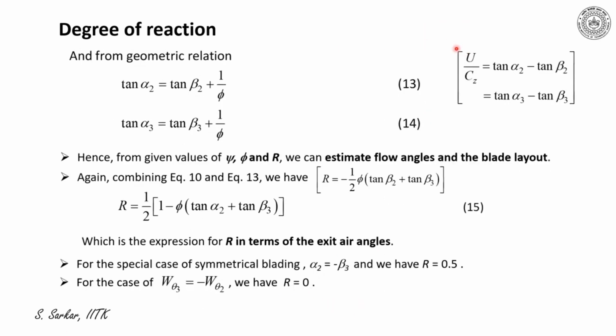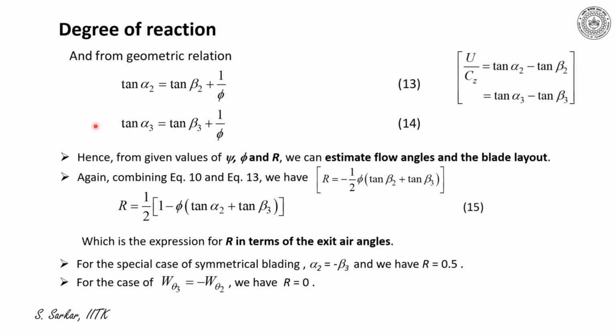We have already proved that U over Cz is equal to tan alpha 2 minus tan beta 2, and that is also equal to tan alpha 3 minus tan beta 3. Thus, from the geometric relation, I can say tan alpha 2 is equal to tan beta 2 plus 1 by phi, which is denoted by equation number 13.